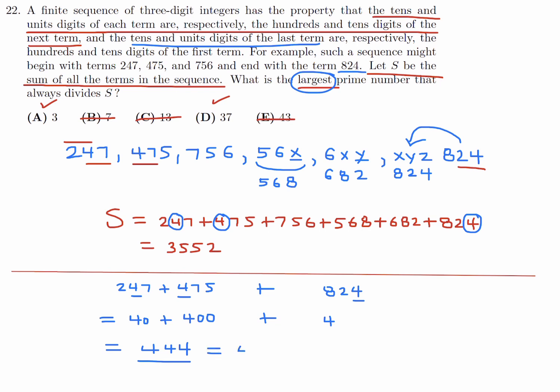Well, it is equal to 4 times 1, 1, 1. And the 1, 1, 1 can be further divided into 3 and 37. So these two prime factors are always going to be part of the divisibility of this number, 3 and 37. And the larger of those two is 37. So that's why D is the answer for number 22.